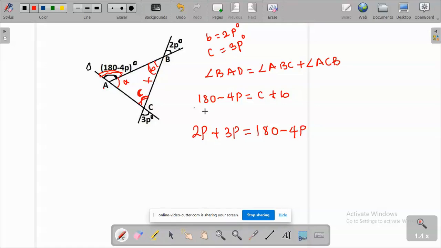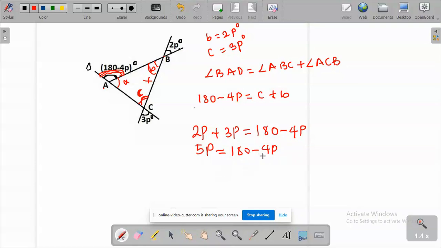The reason is that once you have a triangle, this angle here, which is angle BAD, is equal to the sum of these two angles here, B plus C. So the exterior angle of a triangle is equal to the sum of the two interior opposite angles. So 2p plus 3p gives 5p, is equal to 180 degrees minus 4p.